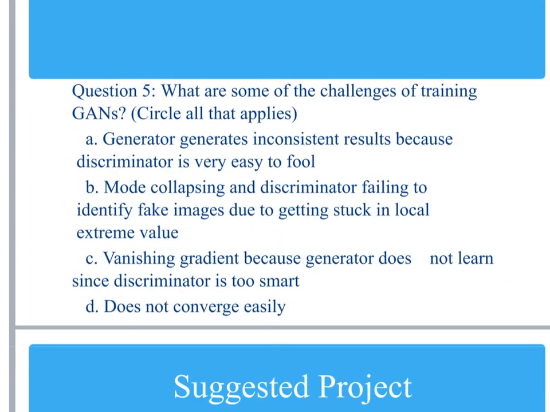What are some of the challenges of training GANs? By the way, all of these four are challenges of training GAN. The generator giving inconsistent output; mode collapse, where it creates only a few examples regardless of what random value you put in as input to the generator; the vanishing gradient problem; and also not converging. All of these are issues that we need to deal with when training GANs.